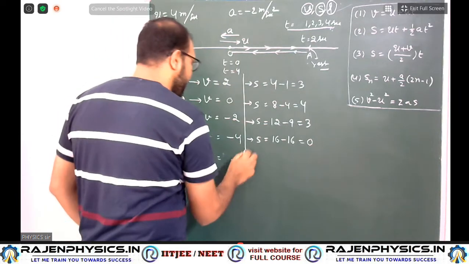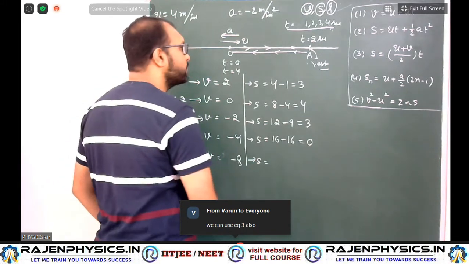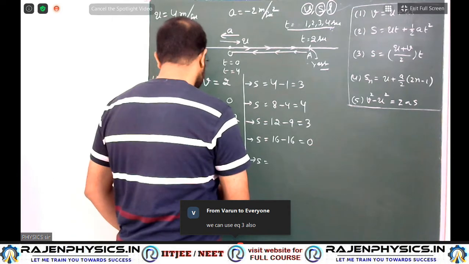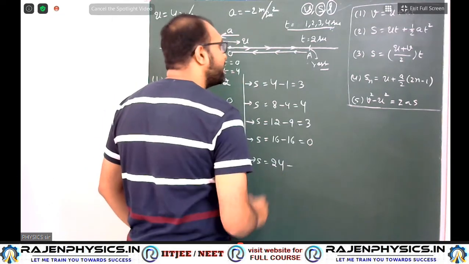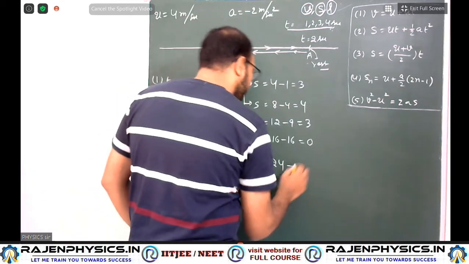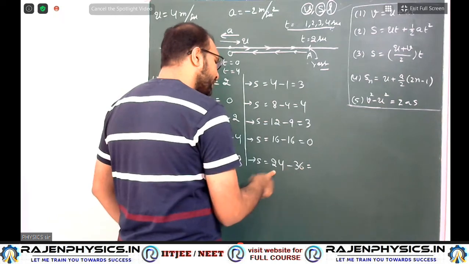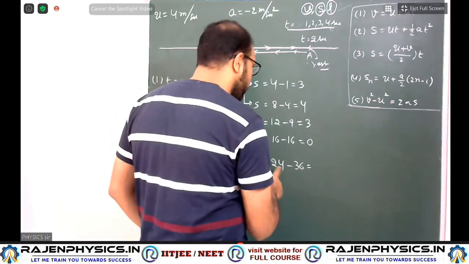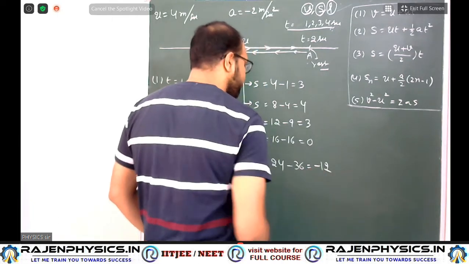So students, minus 8 velocity. Displacement also I am calculating, t equal to 6, ut, that is 6 into 4, 24 minus 6 square, that is 36. 24 minus 36, that is minus 12.